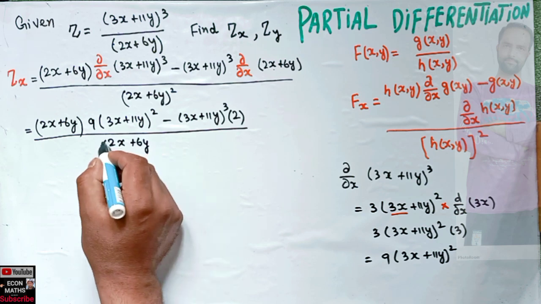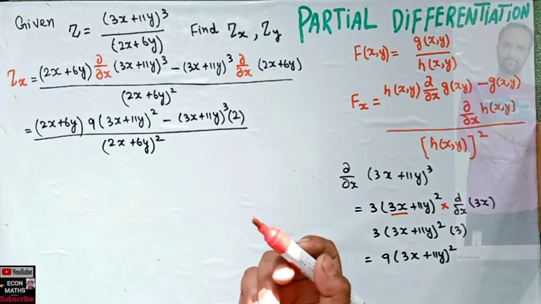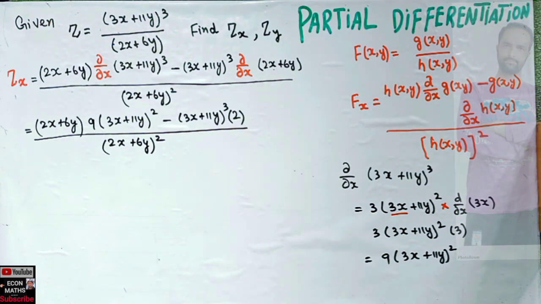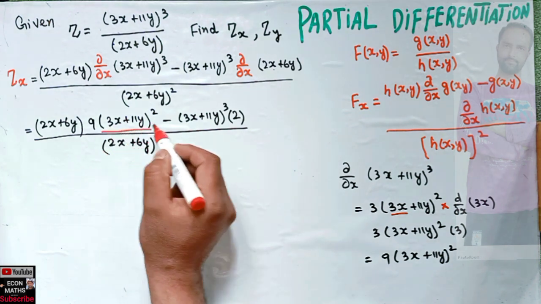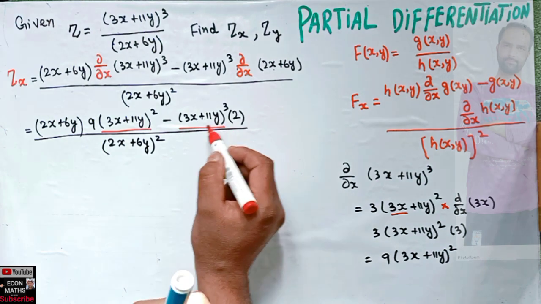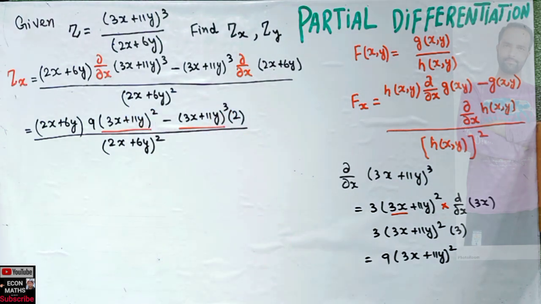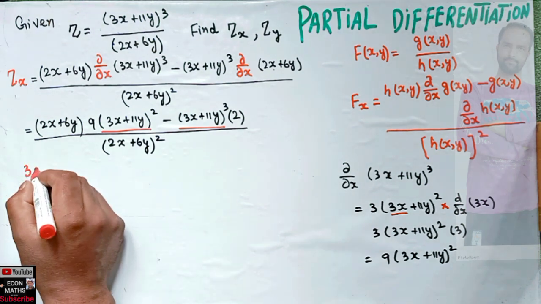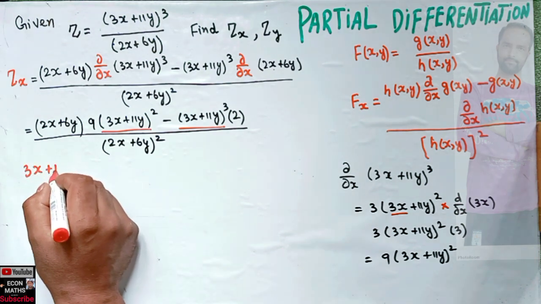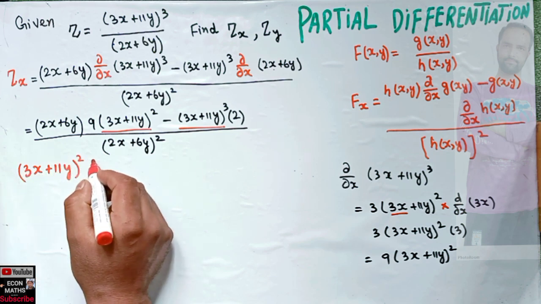Very simple enough. Now what will we do here? We will factor out any common term. Here we can see 3x plus 11y, here it is cube, here it is square, so we can take the square terms common, so I can write it like this: (3x plus 11y) square, I have taken it out. Then what are we left with?